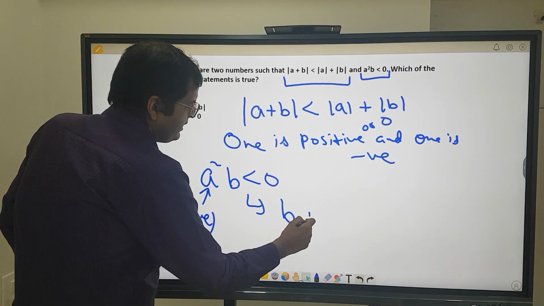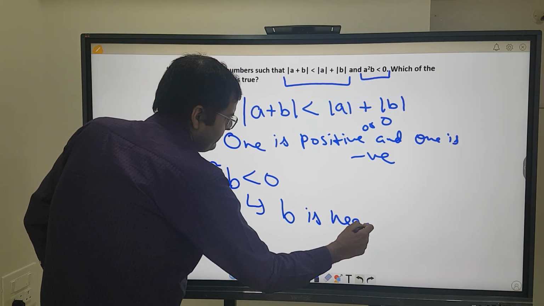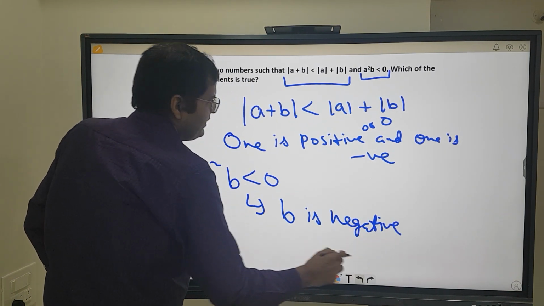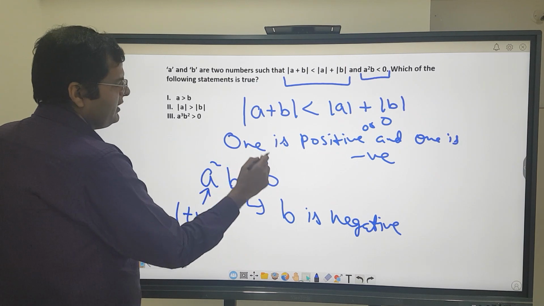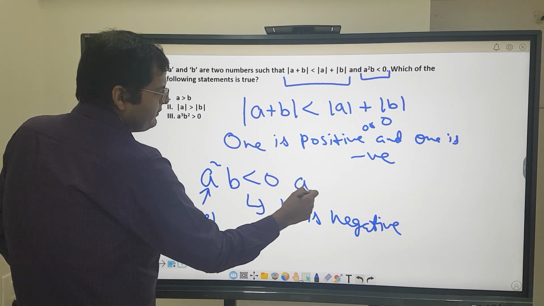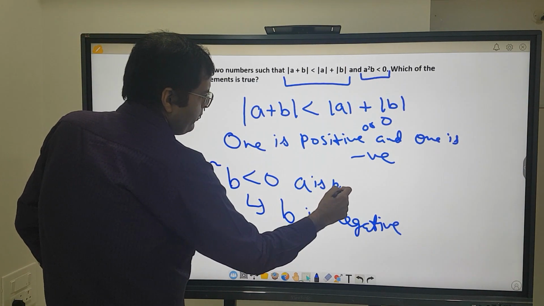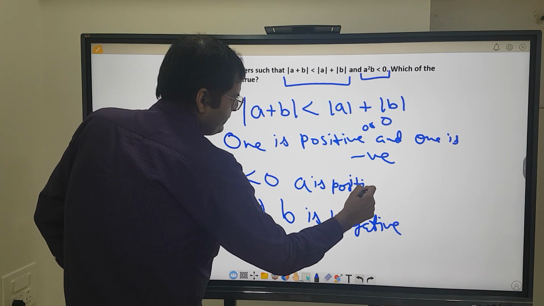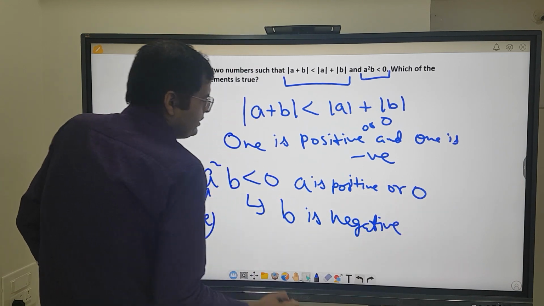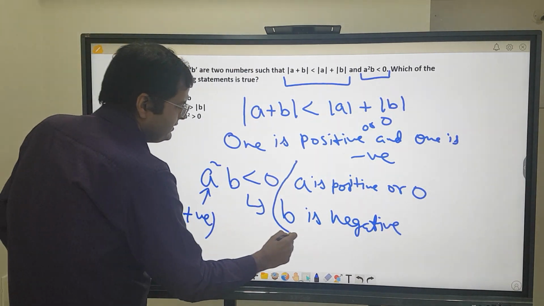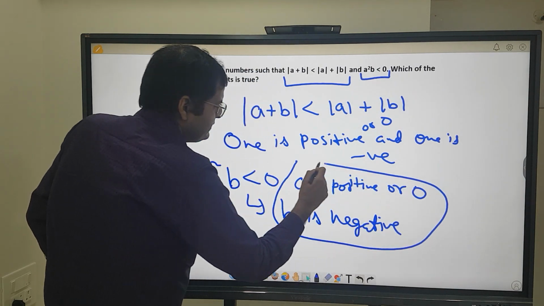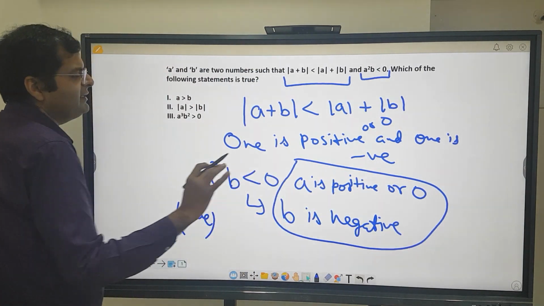So from here I conclude that b is negative. So if b is negative, that means a has to be either positive or 0. So what we have concluded is that a is positive or 0 and b is negative.